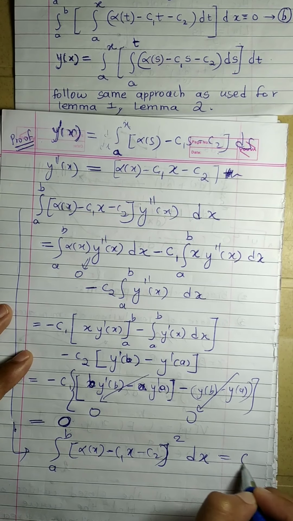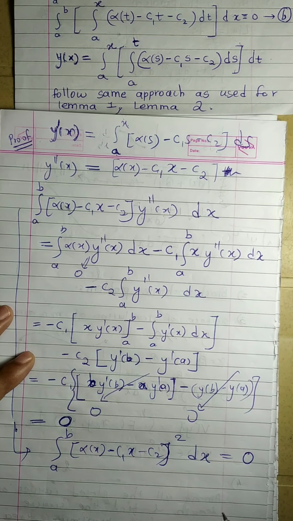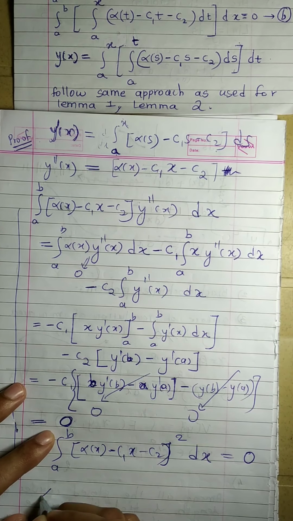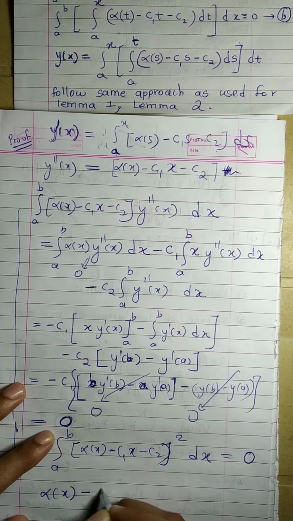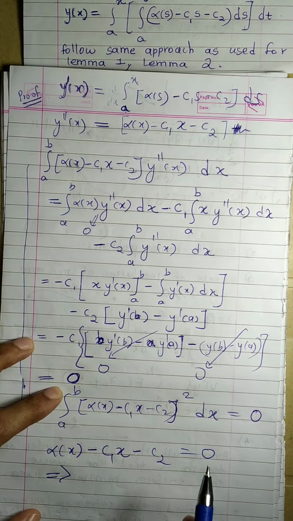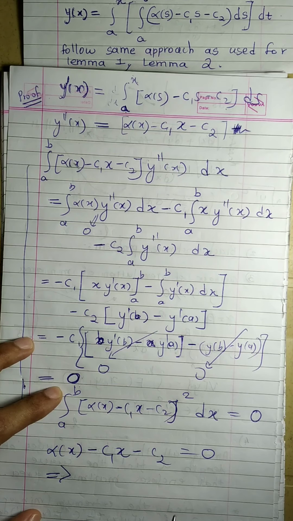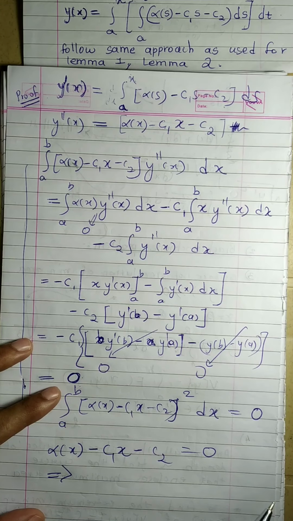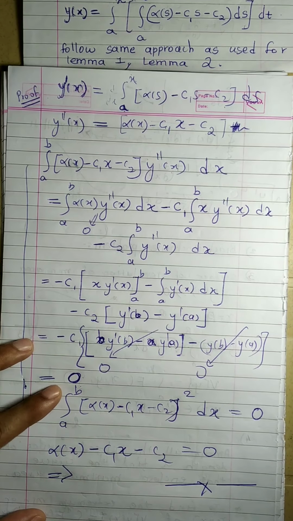Hence by using the property of Riemann integration we will conclude that this is equal to 0, which will imply alpha of x is equal to c1x plus c2, where c1 and c2 are constants, and hence the proof.